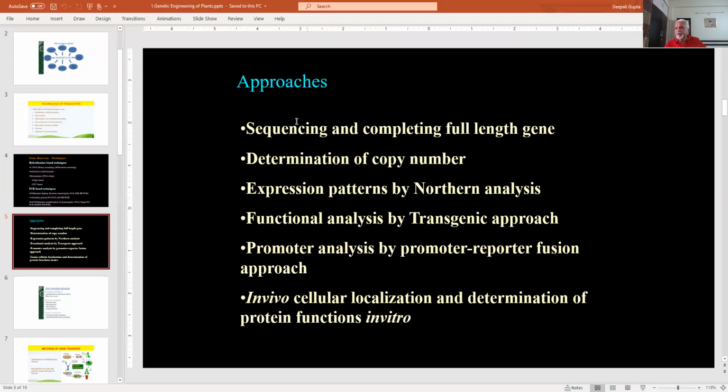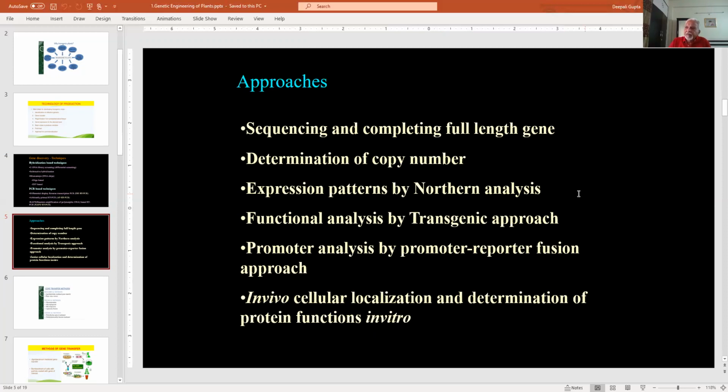And once you have this sequence, you can use that sequence as a probe and then try to determine the copy number in the genome, and then expression pattern by using another analysis, or nowadays real-time PCR is another approach by which you can determine that the gene which you have picked up is expressing only in the test conditions and not in the control conditions.